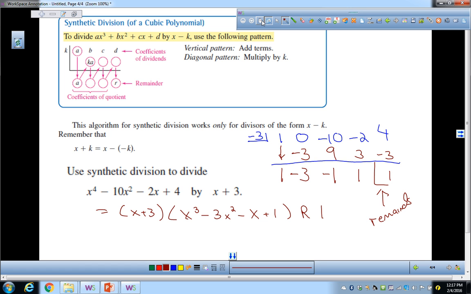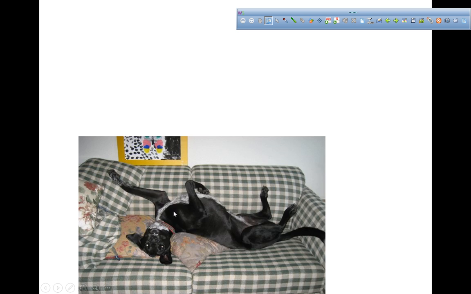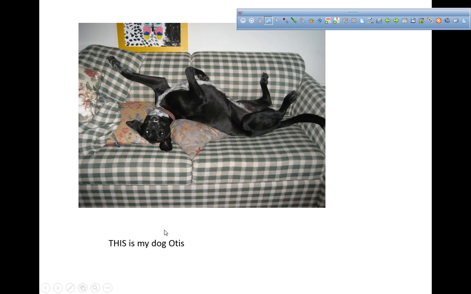But first, what is that? That's how I feel. This is my old dog, Otis. Otis passed away. Sorry. Now we have a new dog. I'll get him up there pretty soon. He's really cute, Cody. Yes.